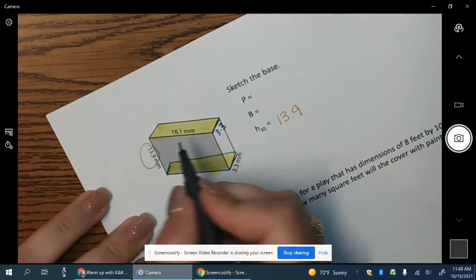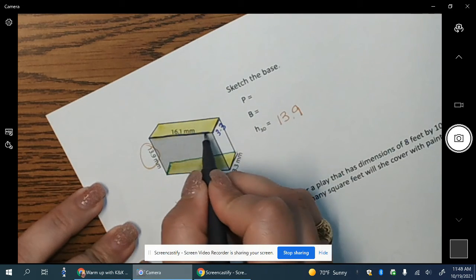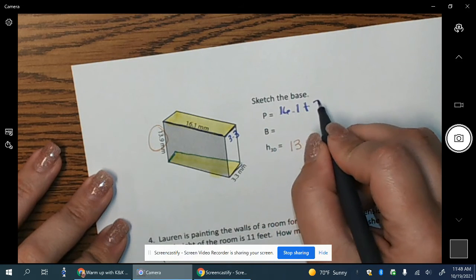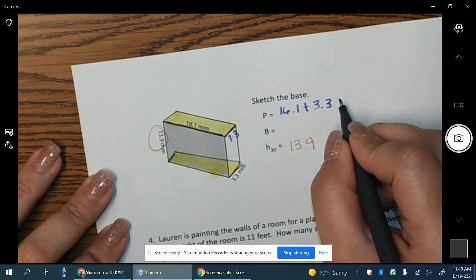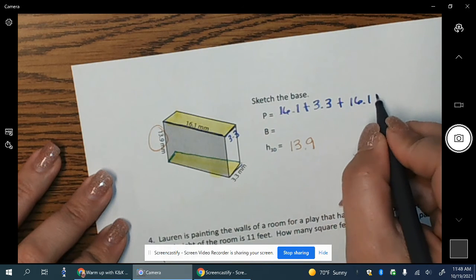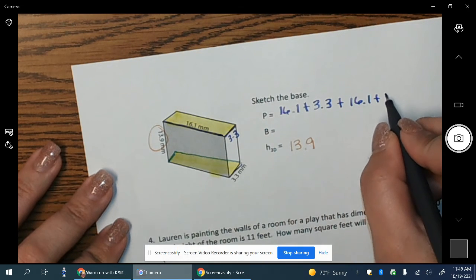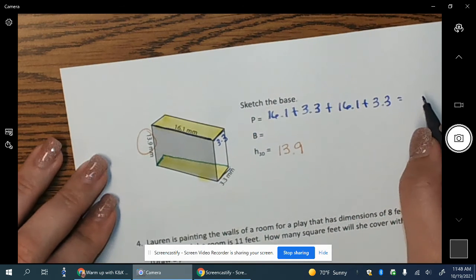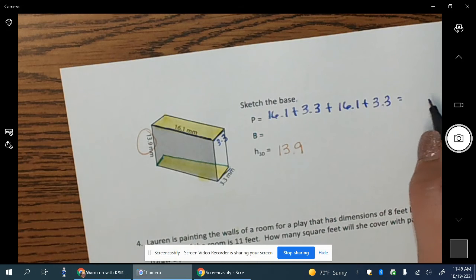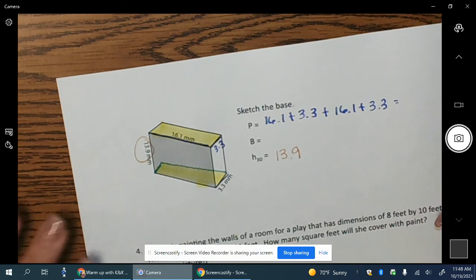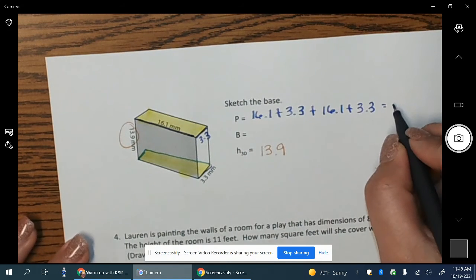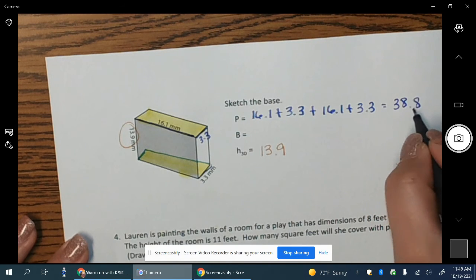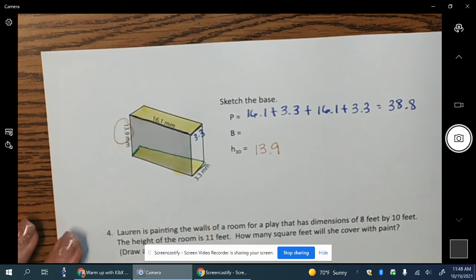So for perimeter, what do I add? 16.1 plus 16.1 plus 3.3. I said you can do that, but everybody wasn't doing that, so I'm okay doing it this way. Whatever way is going to get us right. What'd y'all get? 38.8. Perfect, thank you.